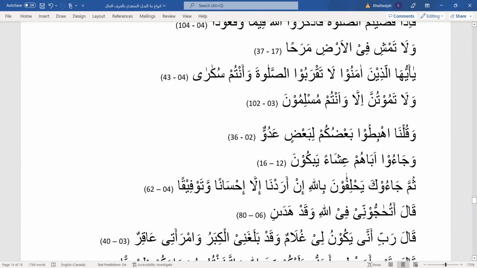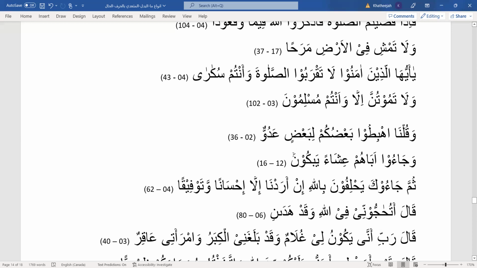وَجَاءُوا أَبَاهُمْ عِشَاءً يَبْكُونَ. And they came to their father at the Isha time, in the evening, yabkuna. Literally it means they cry or they will cry.